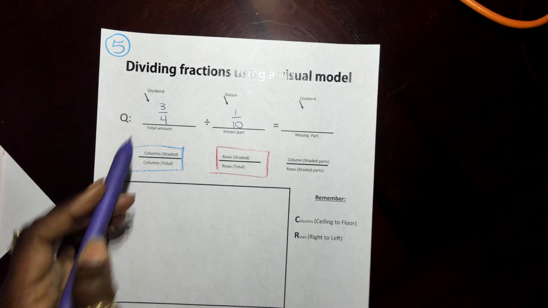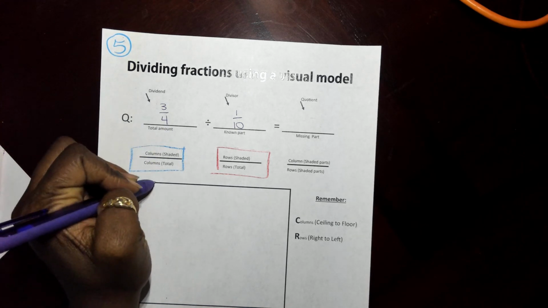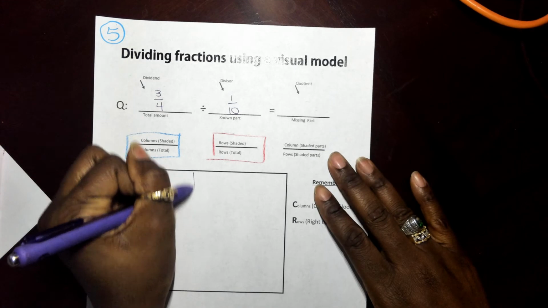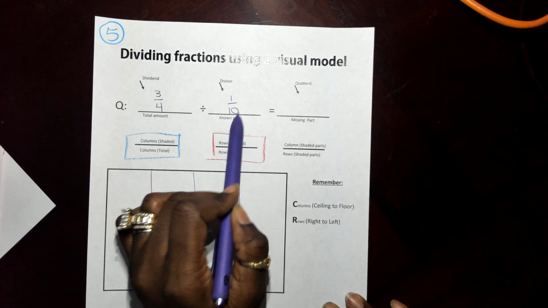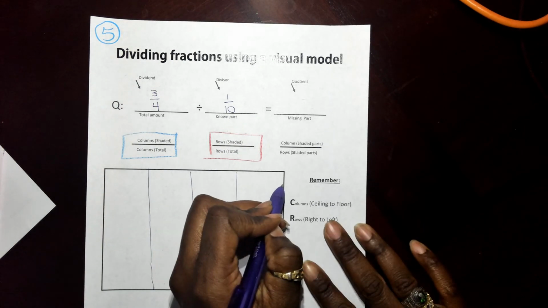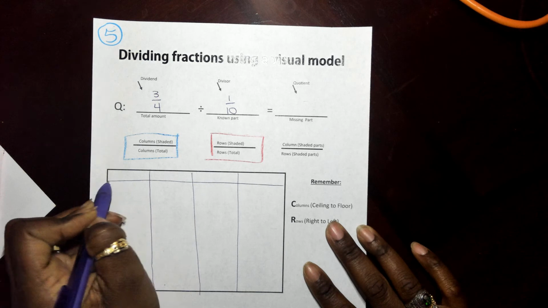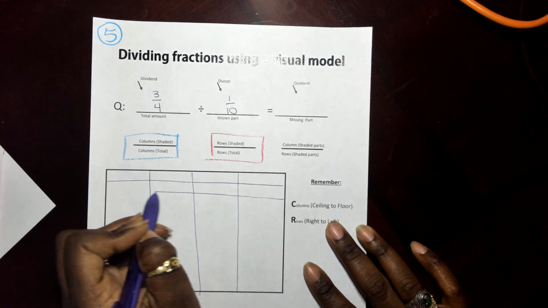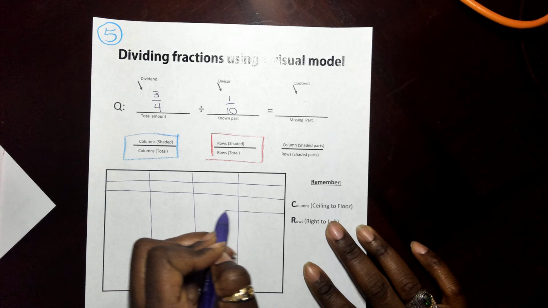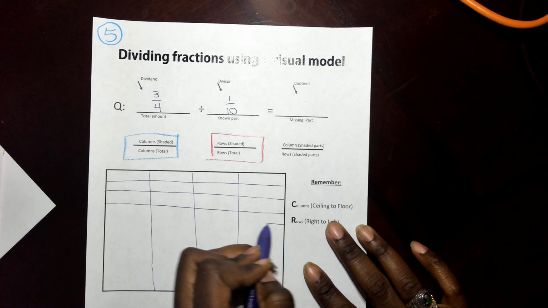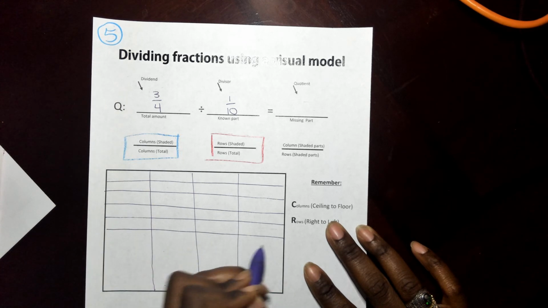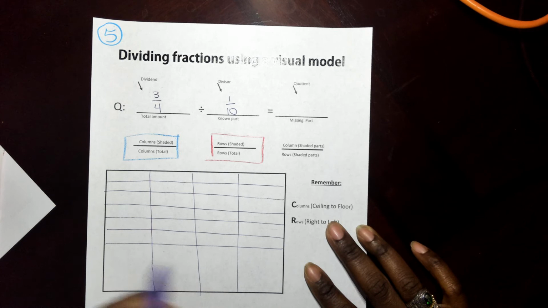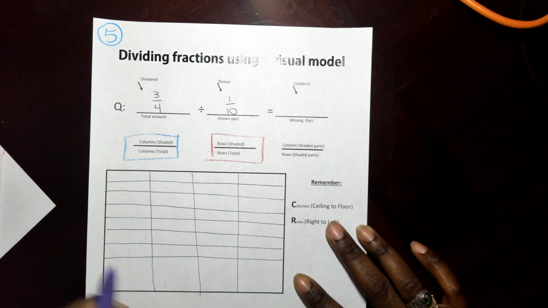All right, so I need a total of 4 columns for this problem. So that's 2, 3, 4. And I need a total of 10 rows. So that's 2, 3, 4, 5, 6, 7, 8, 9, 10.